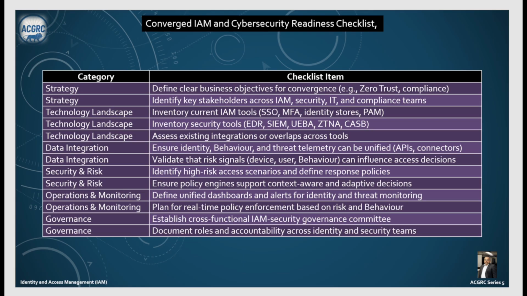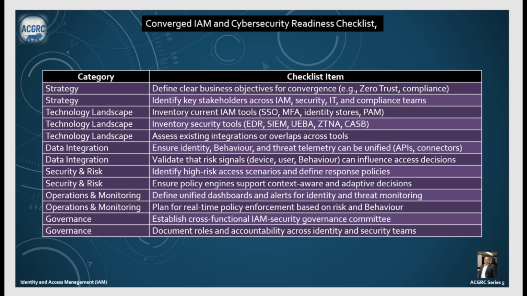Once done, ensure identity, behavior, and threat telemetry can be unified. Validate whether risk signals can influence access decisions. Identify high risk access scenarios and define response policies. Next, ensure the policy engine supports context aware and adaptive decisions.